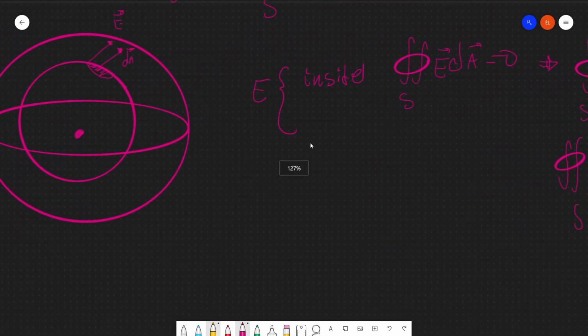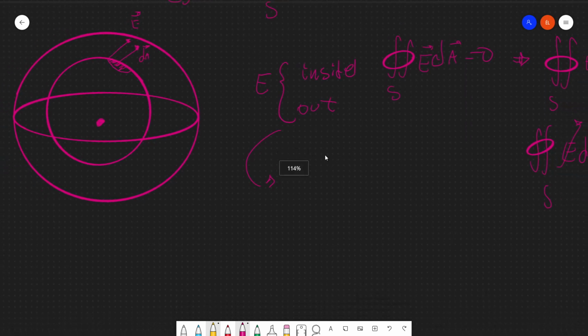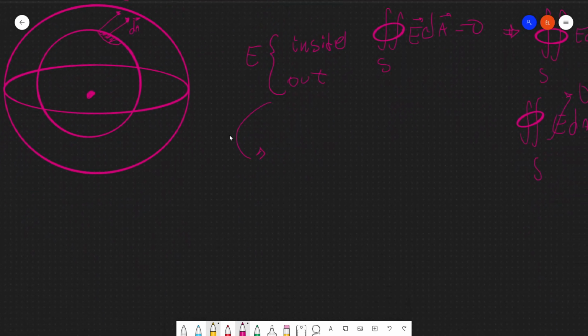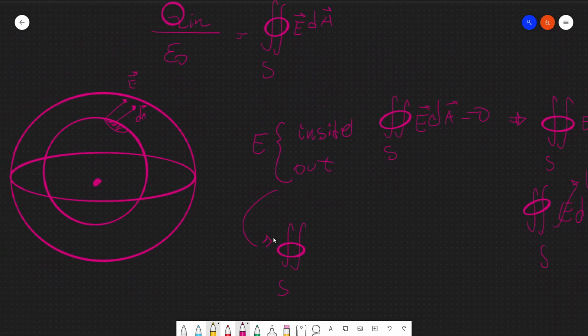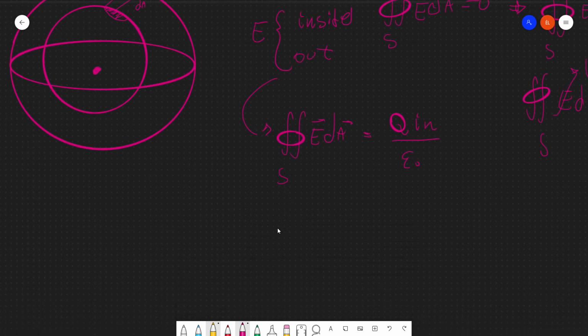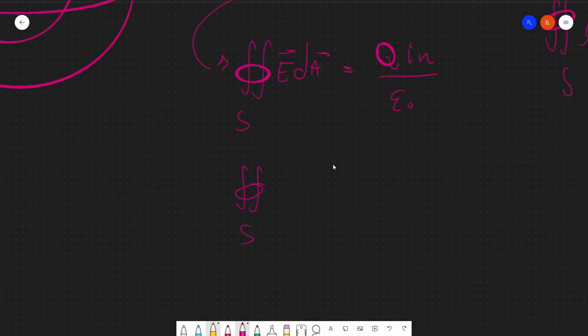Now, outside, it's a bit different, because outside we have the double integral over S. Now it's no longer 0 because you can treat it as a particle. The integral of E dA equals Q in over E0. So over here, we can do the same thing.